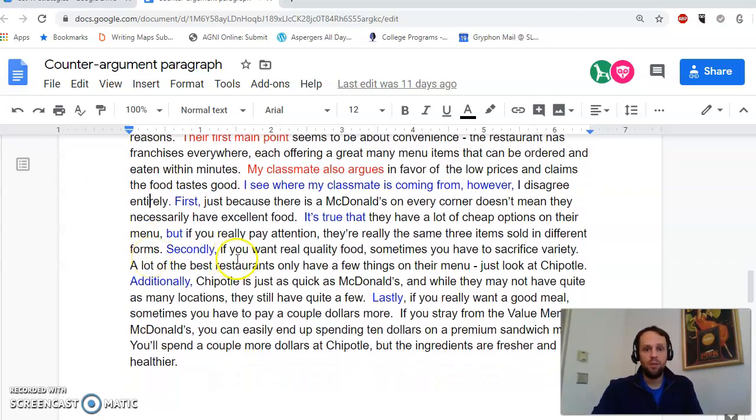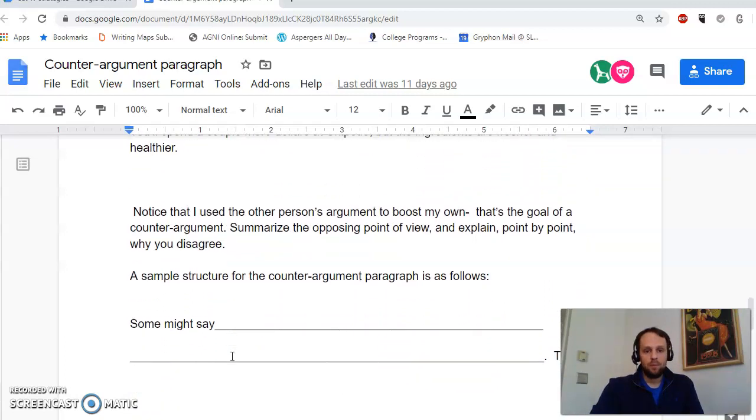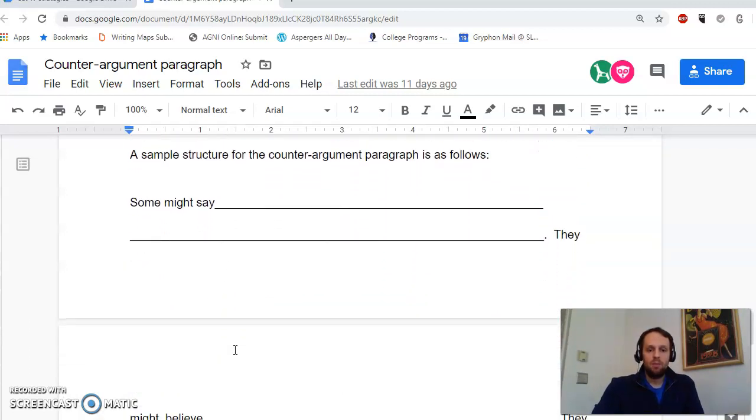And I just went through this argument, so I won't go through it again. And so what follows here, obviously we're not really going to be writing about McDonald's versus Chipotle. That's just an example of a debate that could be had.